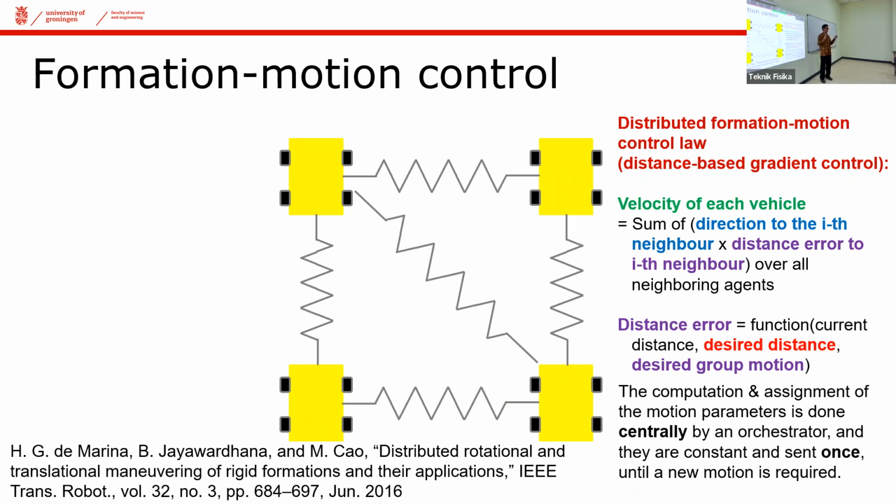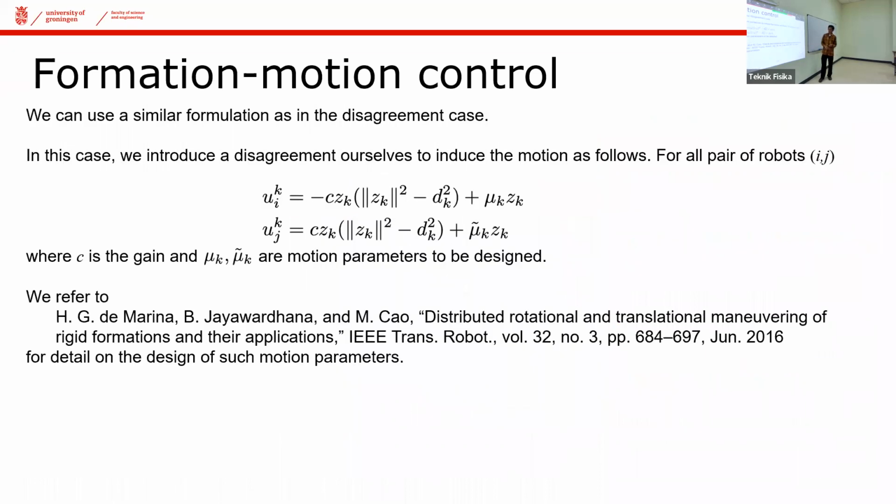And after that, the central computer does not do anything else. So indeed, there is a kind of centralized computation, but it's just like an orchestrator. It's like a conductor. The conductor says one value, everyone just follows, and they still achieve the right formations.